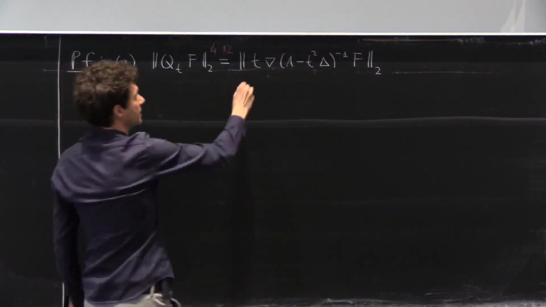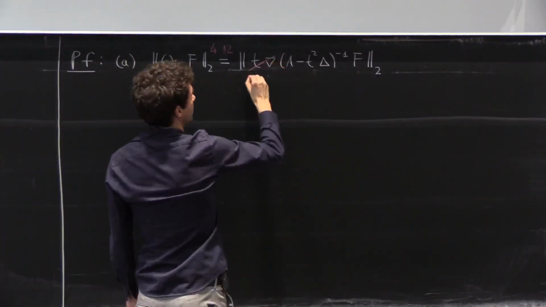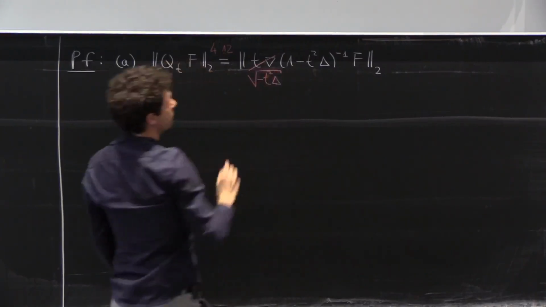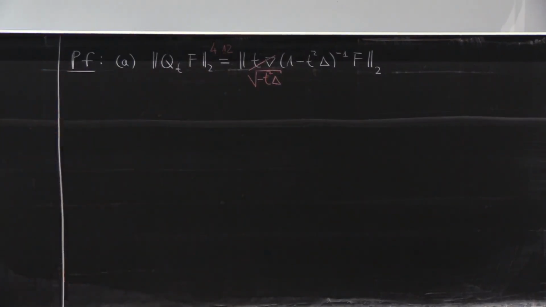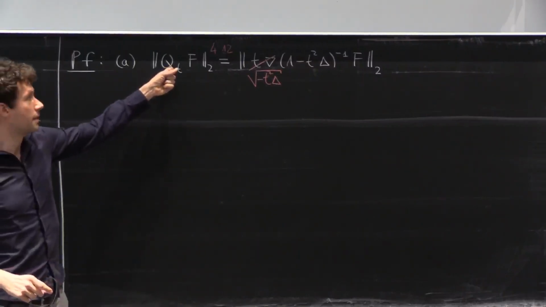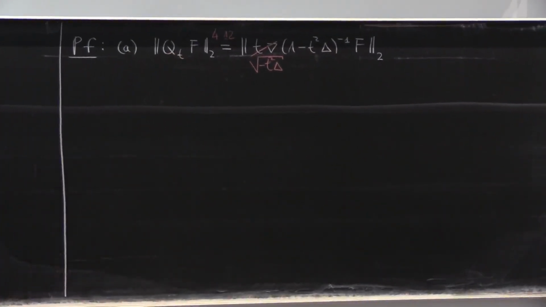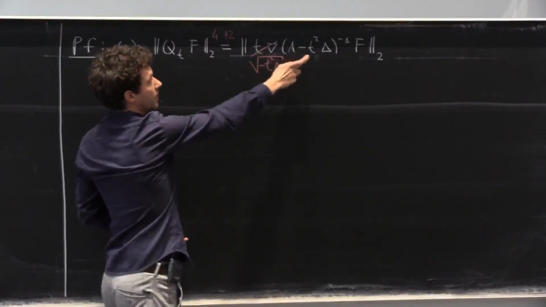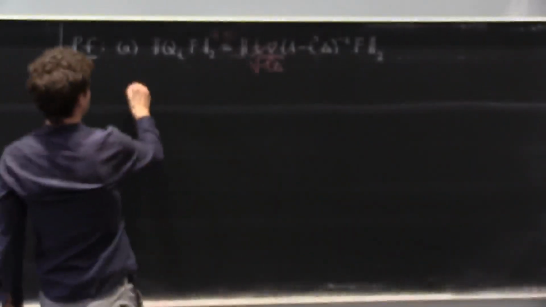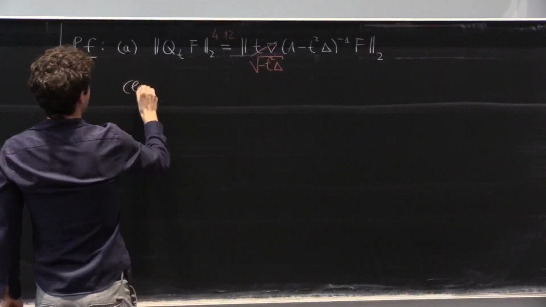So instead of taking t times gradient, I can take this for minus t squared Laplacian square root. And then you see, I want to prove quadratic estimates for this. Well, this is something like an auxiliary function in the functional calculus, square root times 1 plus z to the minus 1. And so the square function estimate from this now follows from quadratic estimates for the Laplacian.